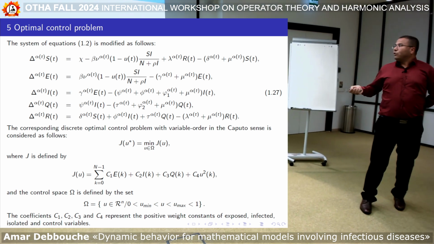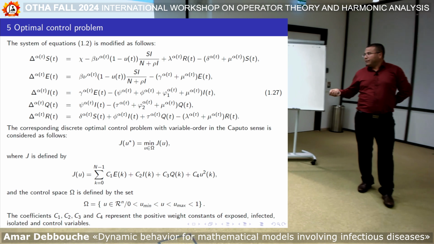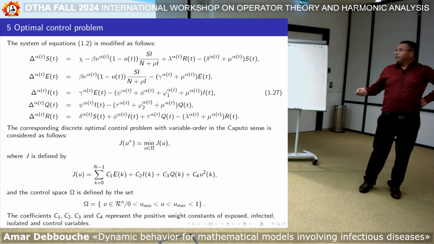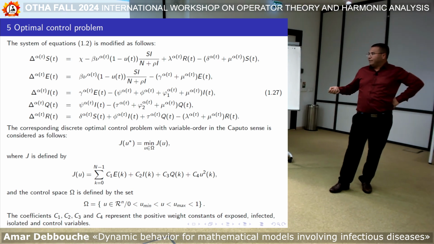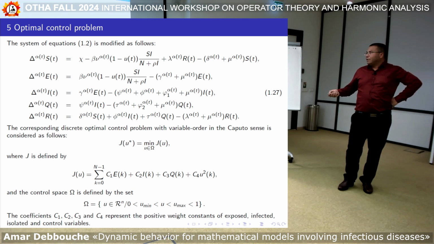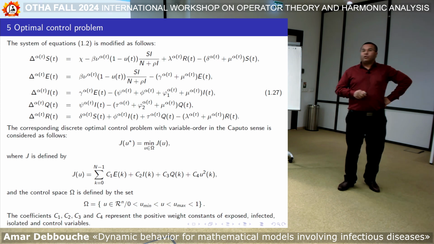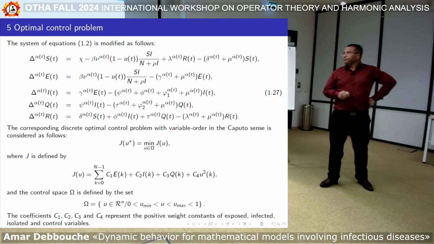The control space omega is defined with this space, where the coefficients C1, C2 to C4 represent the positive weight constants of the exposed, infected, quarantined, and control variables.